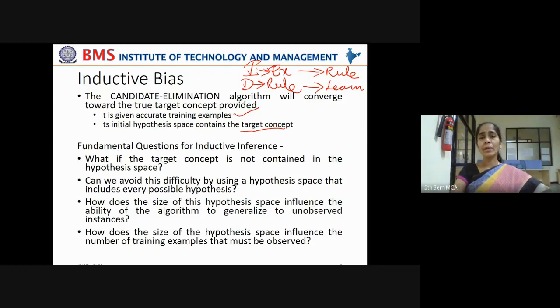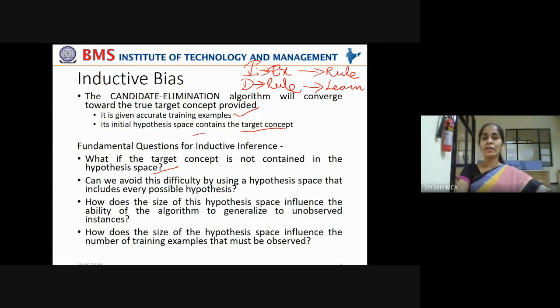Now, what are the fundamental questions for performing this inductive inference? In order to perform this inductive learning, what are the fundamental questions that we come across? What if the target concept is not contained in the hypothesis space?